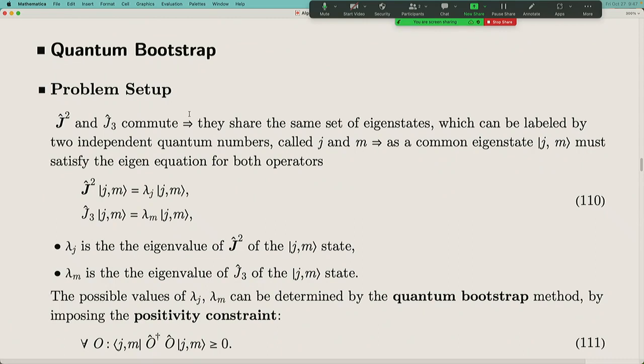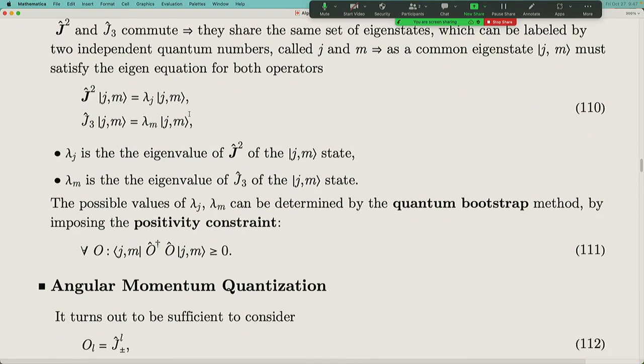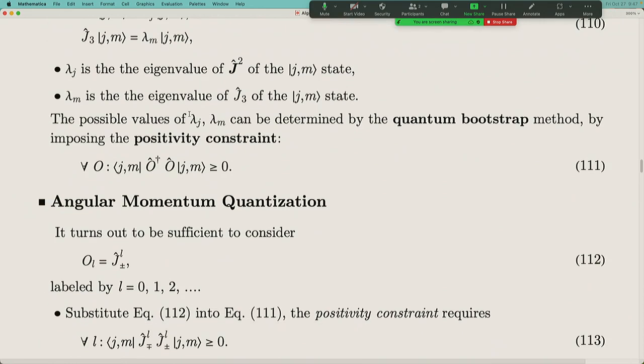The scaling factor is some lambda that depends on the eigenstate label, which is little j. And then J3 acting on the state is also an eigen-equation, and gives you an eigenvalue. So based on that, maybe I just quickly show you the answer, and then we'll do it again next time.